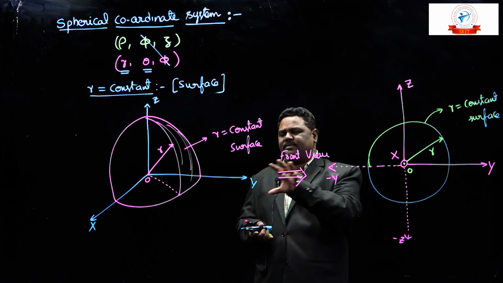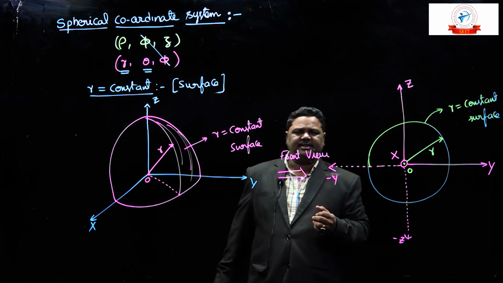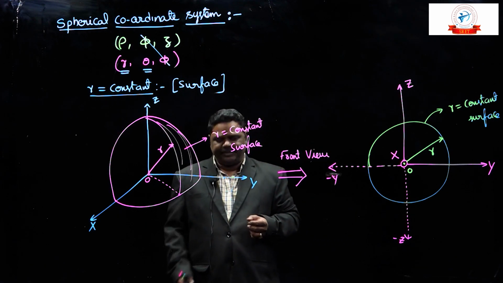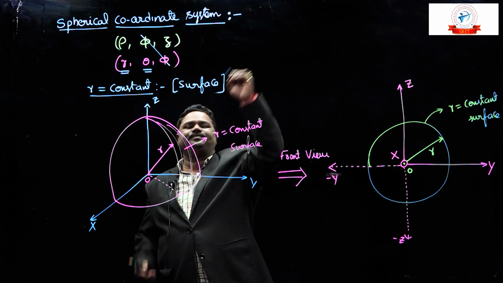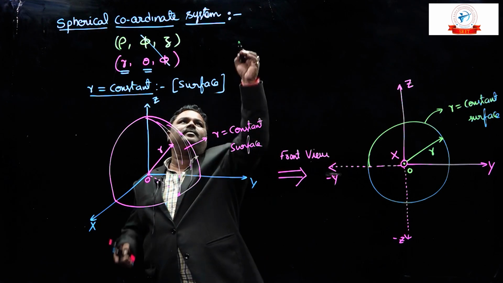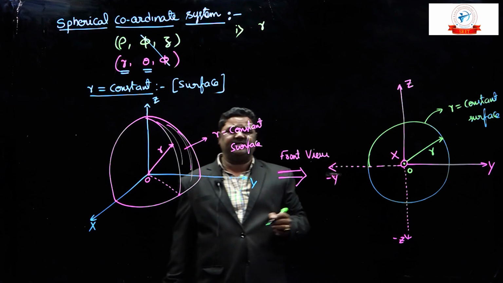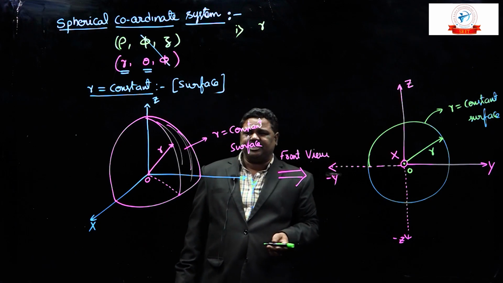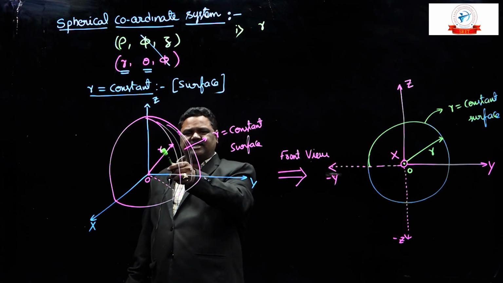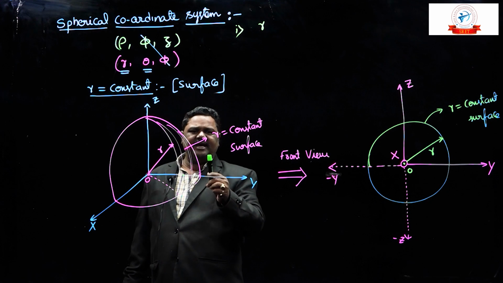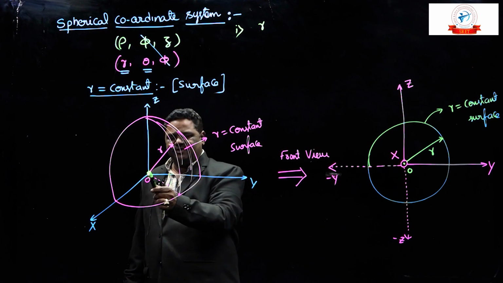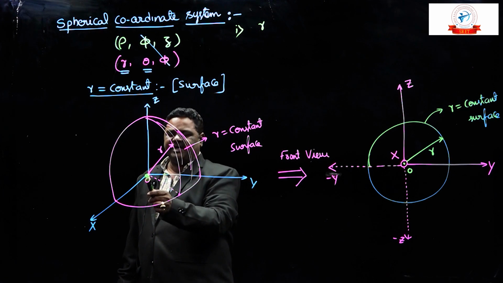From these two diagrams I am going to explain three points about the r coordinate. First point: what does r represent? Generally you say r is the radius of the sphere, but the sphere radius is measured with reference to the center of the sphere.